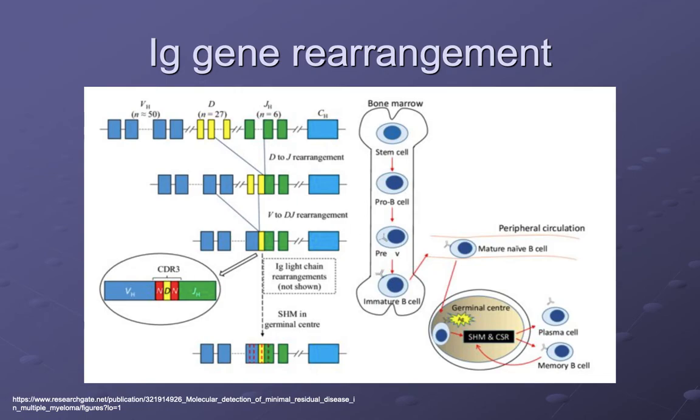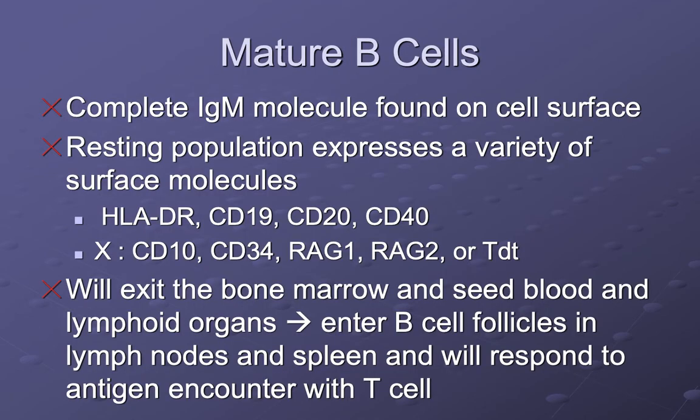Okay. So for mature B cells, we can describe them as having a complete IgM molecule mounted on their cell surface. The complete IgM molecule on their cell surface already marks the terminal stage; that's where the mature B cells should already be.